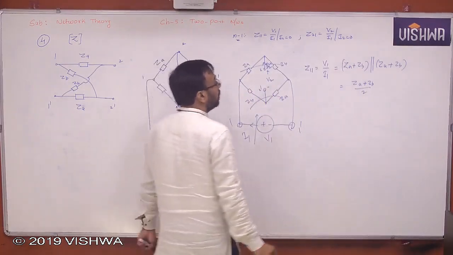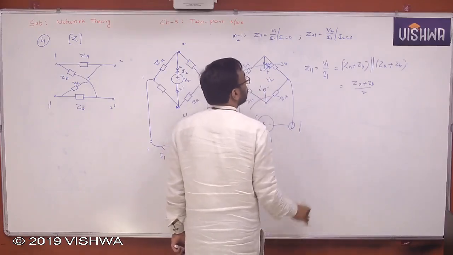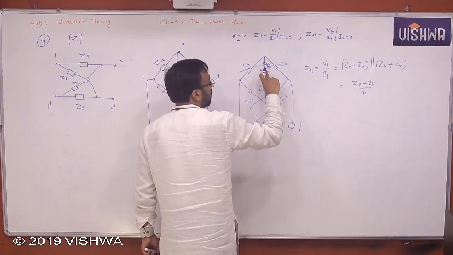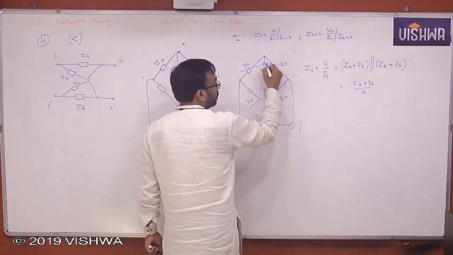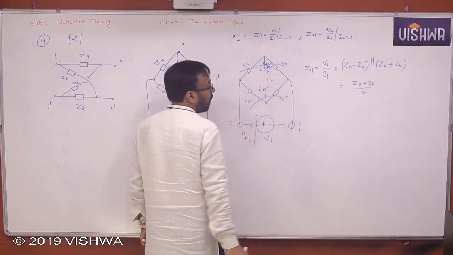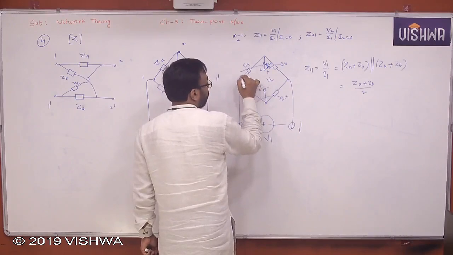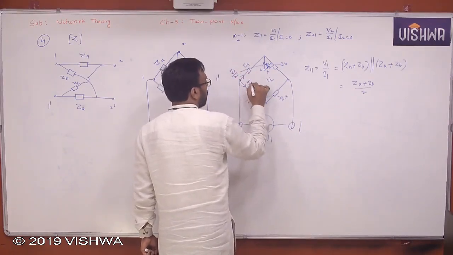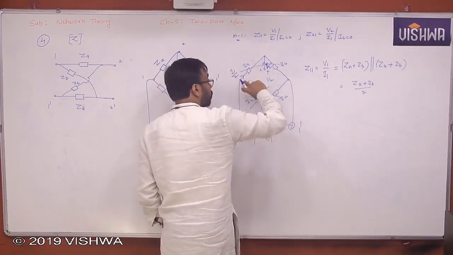Now, Z21. For Z21, we want V2 equal to something into I1, so V2 must be expressed in terms of I1. Anyway, I2 is 0. This I1 is dividing into 2 parts, yes or no? What is the value? I1 by 2, and this is also I1 by 2. Agree, all of you? Now this V2 is the sum of the 2 voltages.